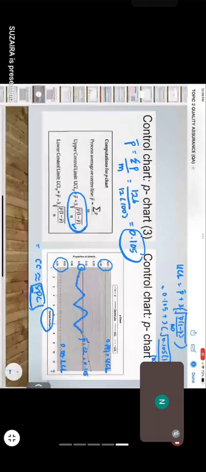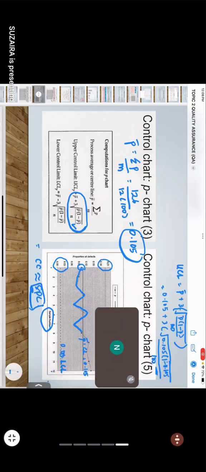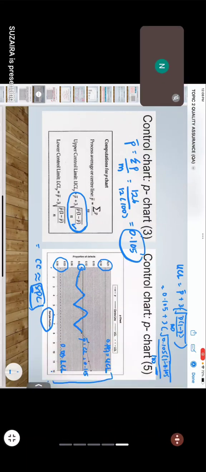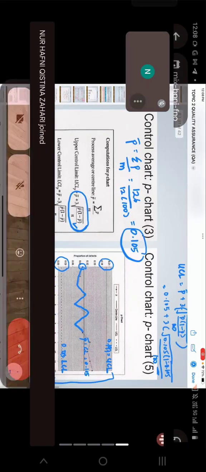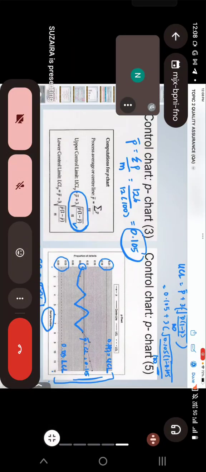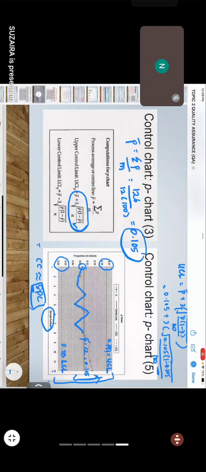For example, let's say you want to measure the weight, the weighing balance is connected to the computer. So automatically after you weigh, the graph will come up like this. So it is actually easier for you to monitor the ongoing process. So this is more towards the ongoing process. Okay. Right. That one will be for the P chart.